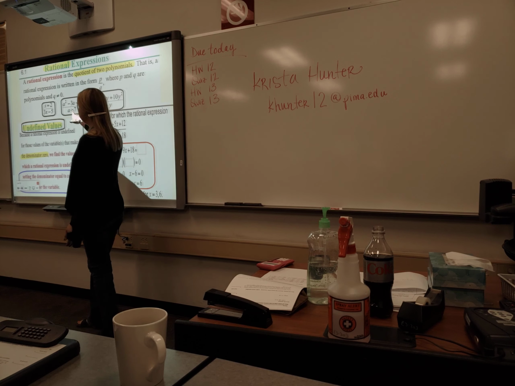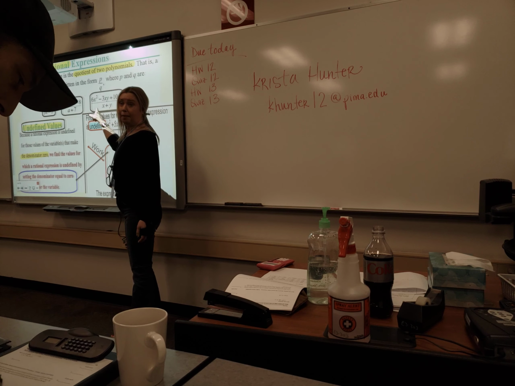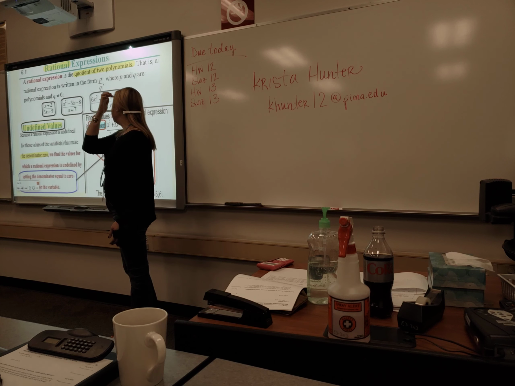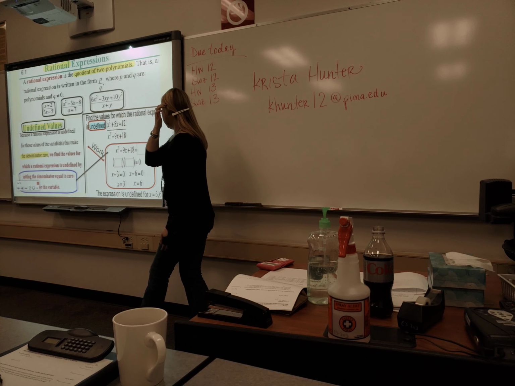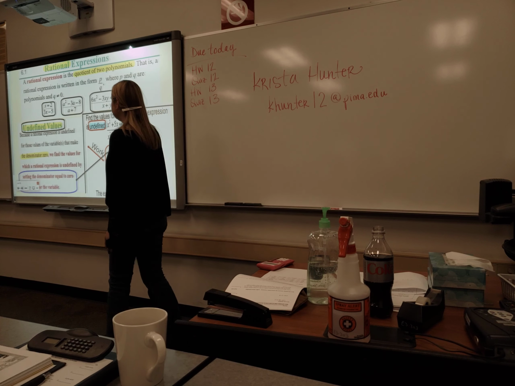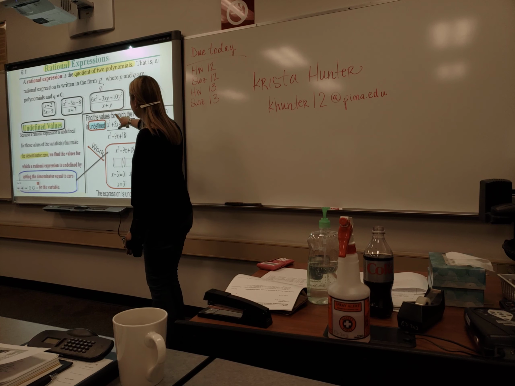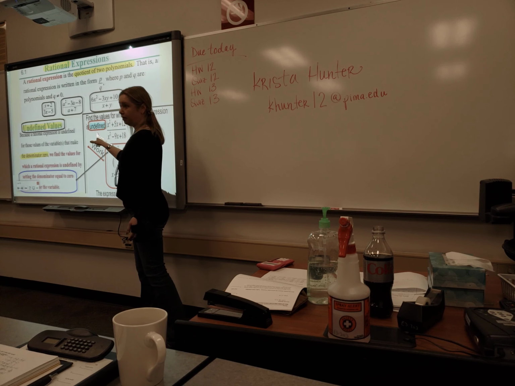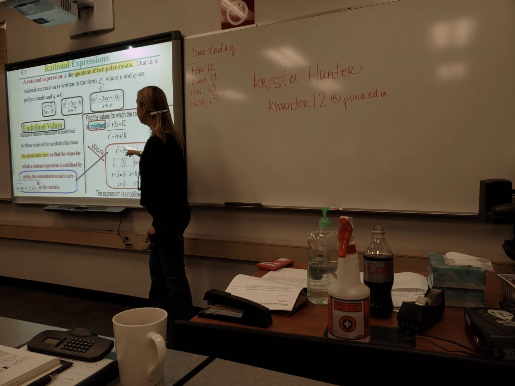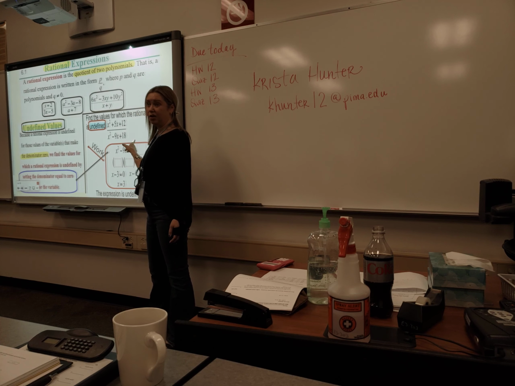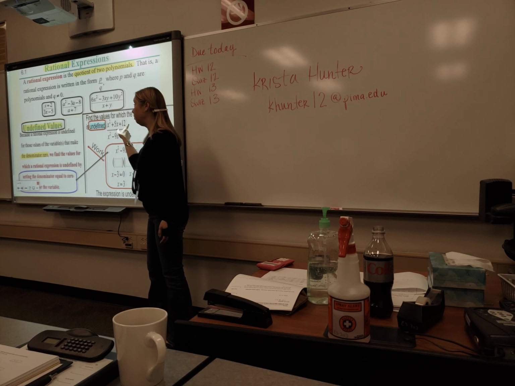When we're talking about undefined values, whatever makes the bottom equal to 0 is an undefined value. It's out of bounds, it doesn't work. So here's an example: values for which the rational expression is undefined. In other words, what values make the bottom equal to 0? We're focusing on the bottom.